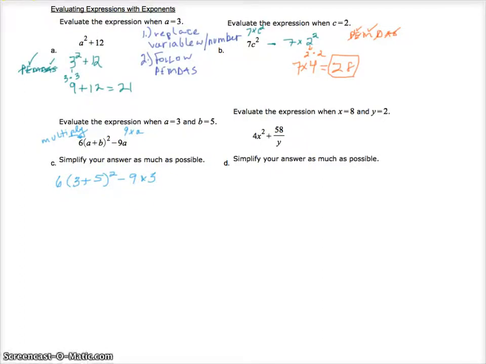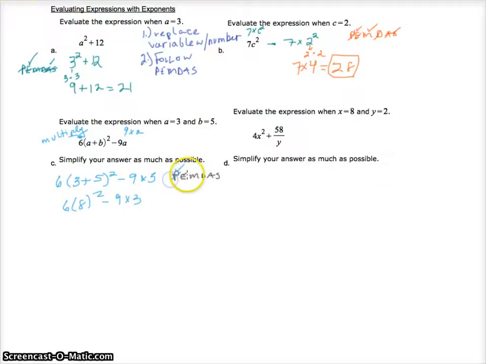And now I need to go through my order of operations. Parenthesis, exponent, multiply, divide, add, subtract. So I do have a parenthesis, and it is 3 plus 5, so I'll have 6, parenthesis, 8 squared minus 9 times 3.